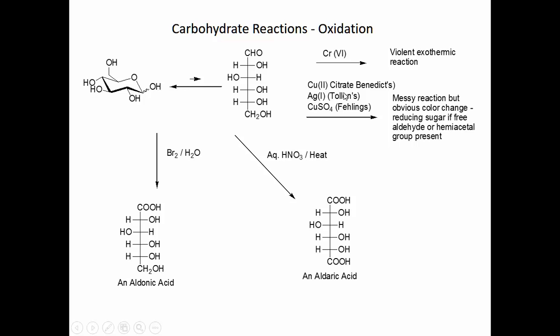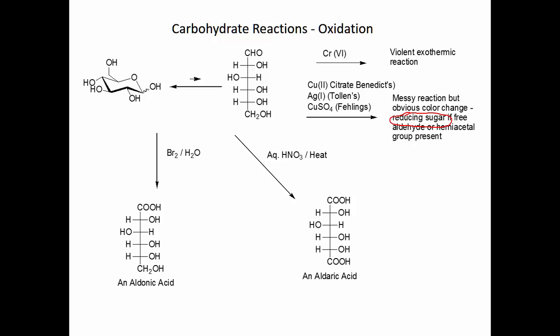These are actually used as a test for the presence of a free aldehyde or a potentially free aldehyde through its hemiacetal form. So we use this term reducing sugar to refer to a sugar that has a free aldehyde or a free hemiacetal group in it. Okay, and I'll try to point that out as we get to more complex carbohydrate systems.